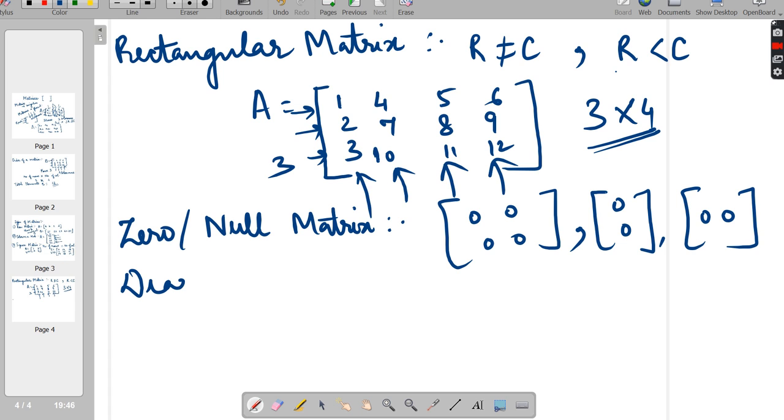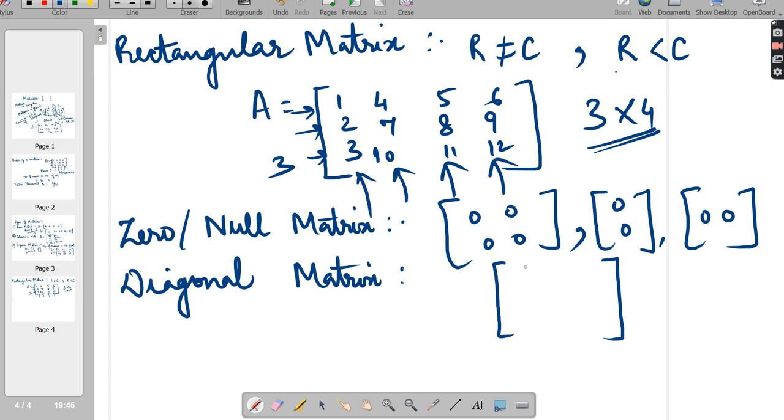Then one more type of matrix is there, that is the diagonal matrix. So diagonal matrix is the type of matrix in which you have all the diagonal elements as non-zeros and the rest of the elements you will find as 0.